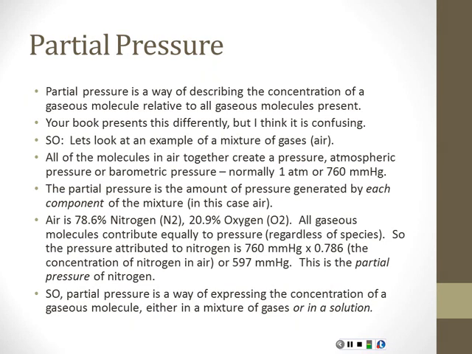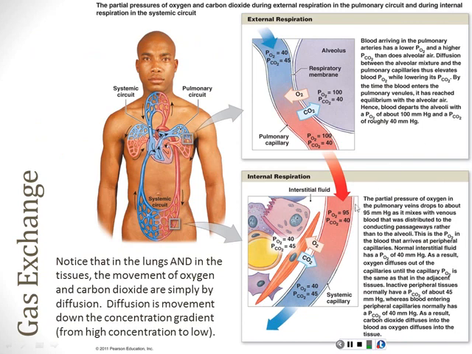The higher the number, the greater the concentration. The lower the number, the less the concentration. And since diffusion is movement down a concentration gradient, substances will move from areas of high partial pressure to areas of low partial pressure. We'll see that with oxygen and carbon dioxide.